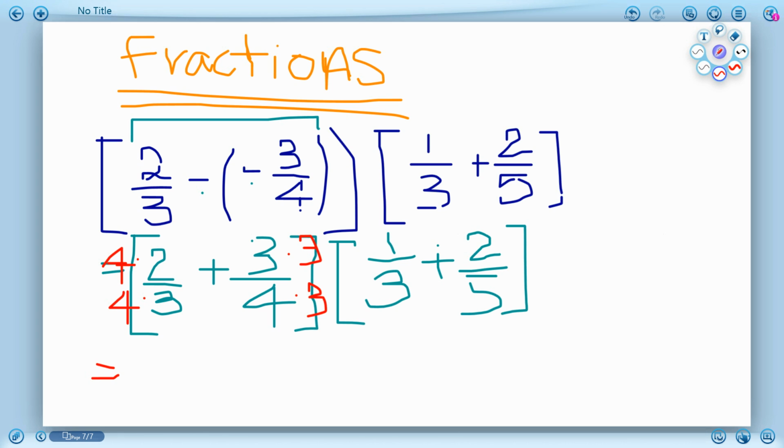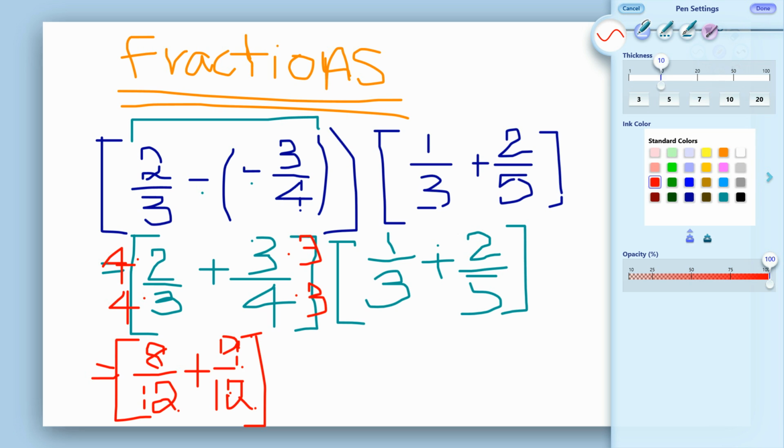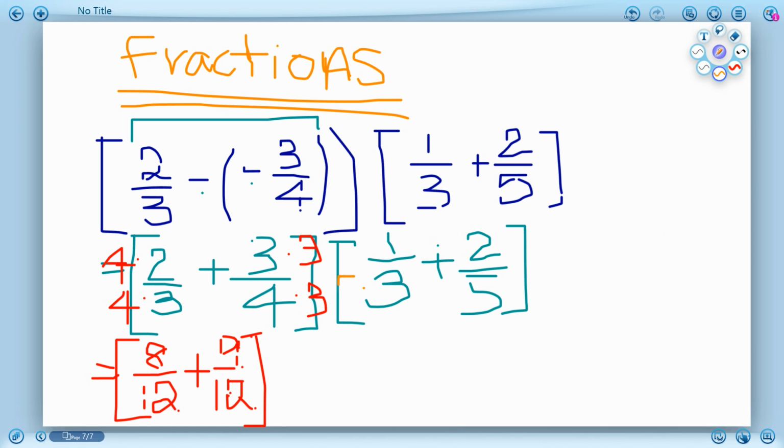So on this one, this becomes 8 over 12 plus 9 over 12. Does everyone see that? That's 12. Now that's still in a little bracket. The next one, I can put my denominator as 15. So I'm going to multiply the denominator by 5, and the same thing to the top.